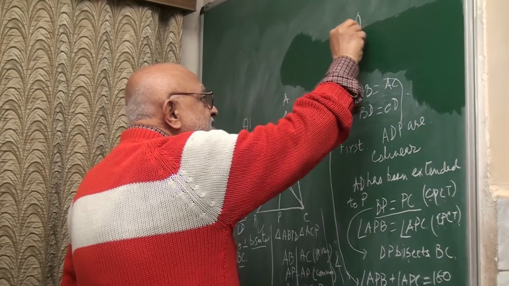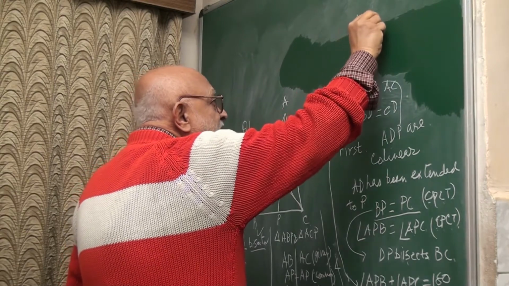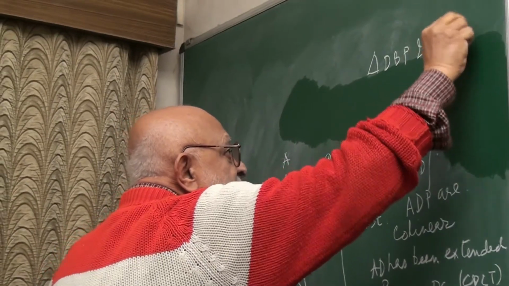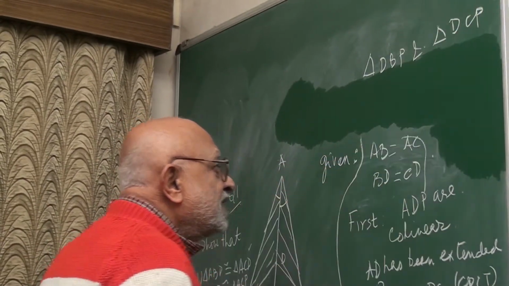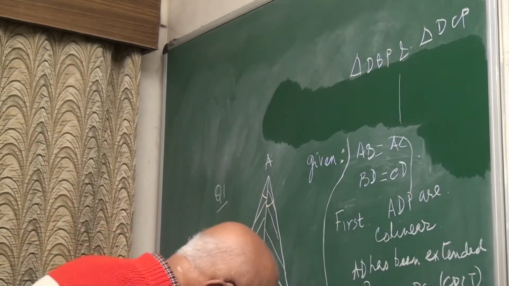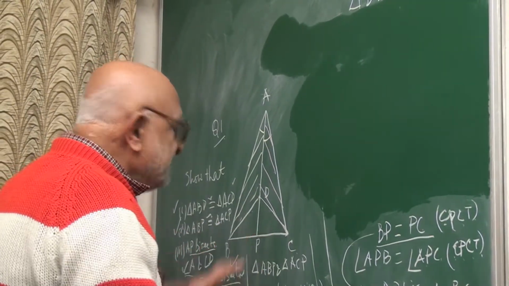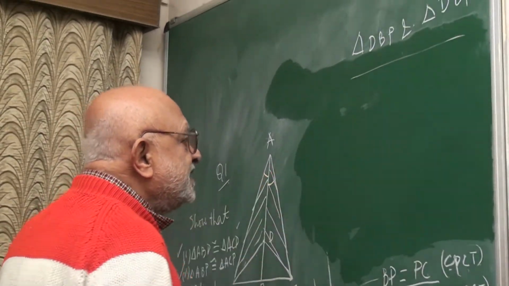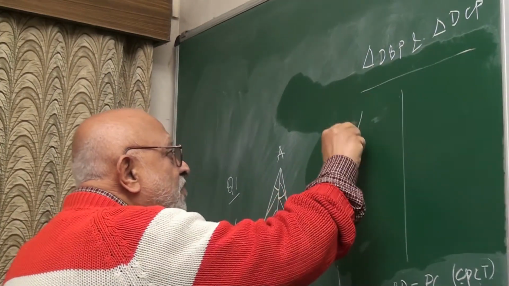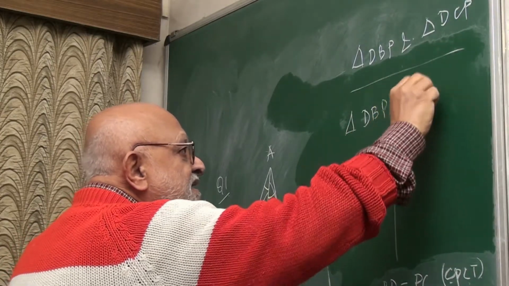Let us take triangle DBP and triangle DCP. We will take these two triangles as we have shown here.